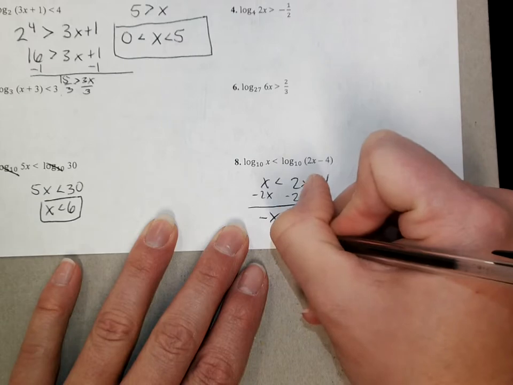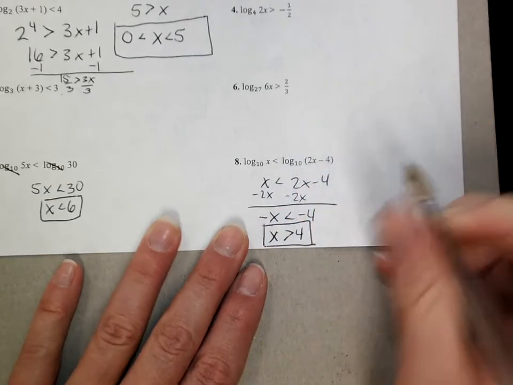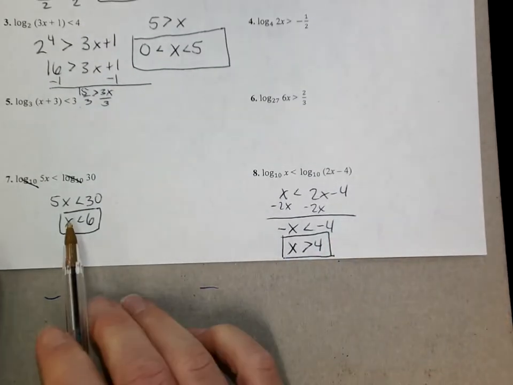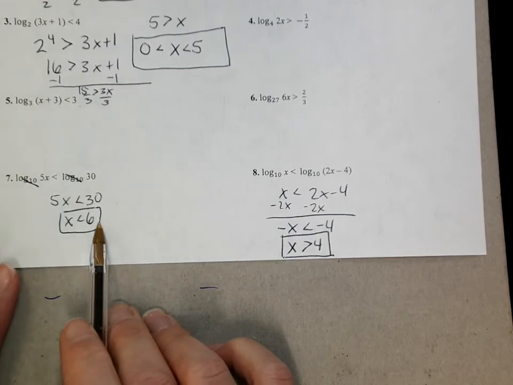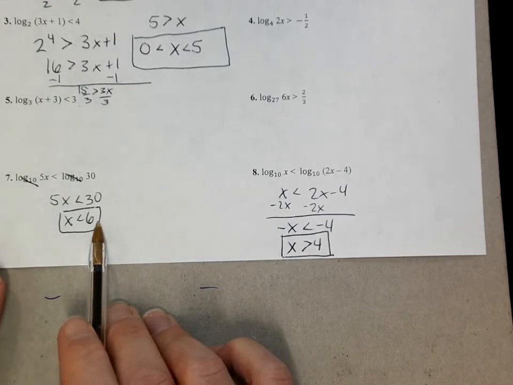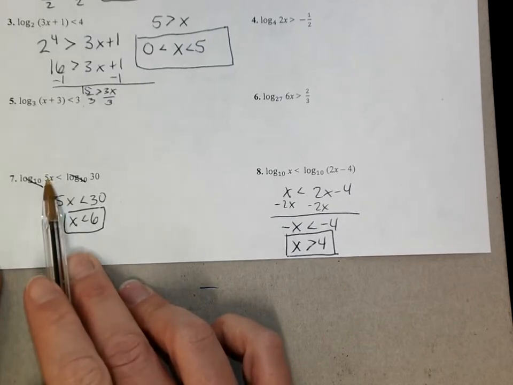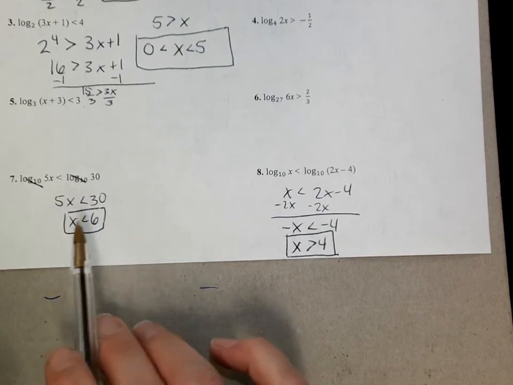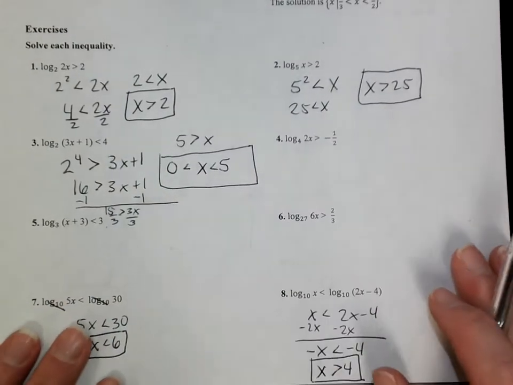Or when I divide by the negative, x is greater than positive 4. So either one is true. On this one, we could make some arguments about 0 and stuff like that. x can be any number less than 6. That's not necessarily true, because again, if this becomes 0, you're going to have a non-real answer. But I'm not as worried about you mentioning that here because this gets kind of complicated. But I would like for you to know that up here when we're talking about the less than questions.